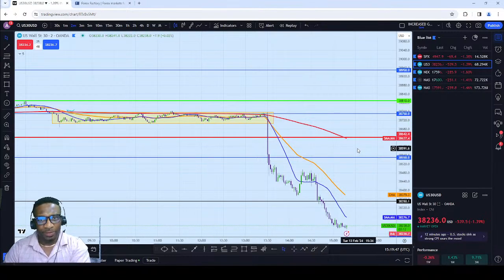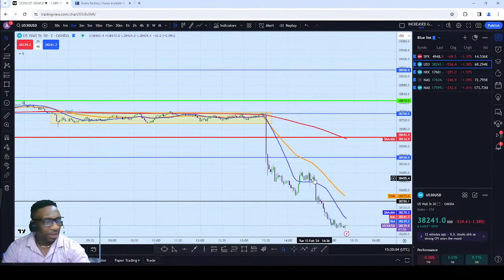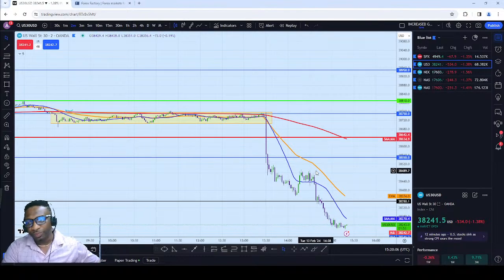That's why I was telling you the other day I don't like trading the market opening. But it looks as if today, when the market opened, the news had already done what it wanted to do. So there wasn't much movement when the market opened at all.